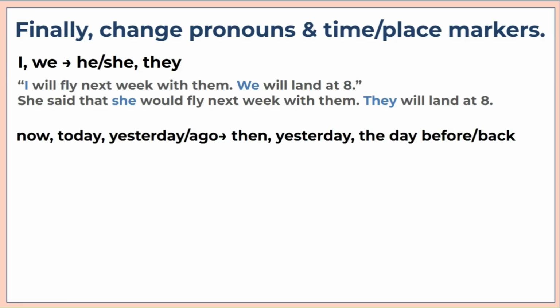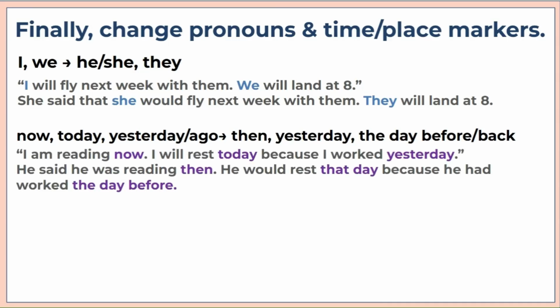Time markers like now, today, yesterday, or ago will shift to then, that day, the day before, or back. So if your male friend says to you, "I am reading now, I will rest today because I worked yesterday," you would report that back as he said he was reading then.